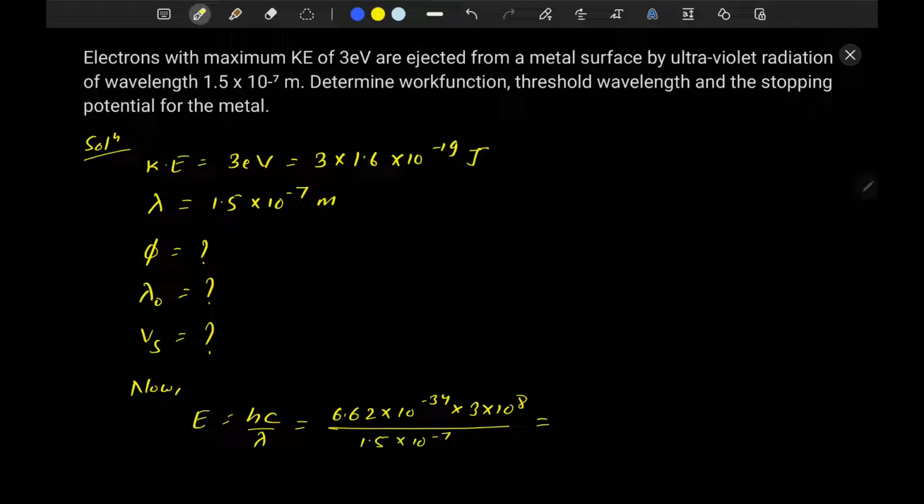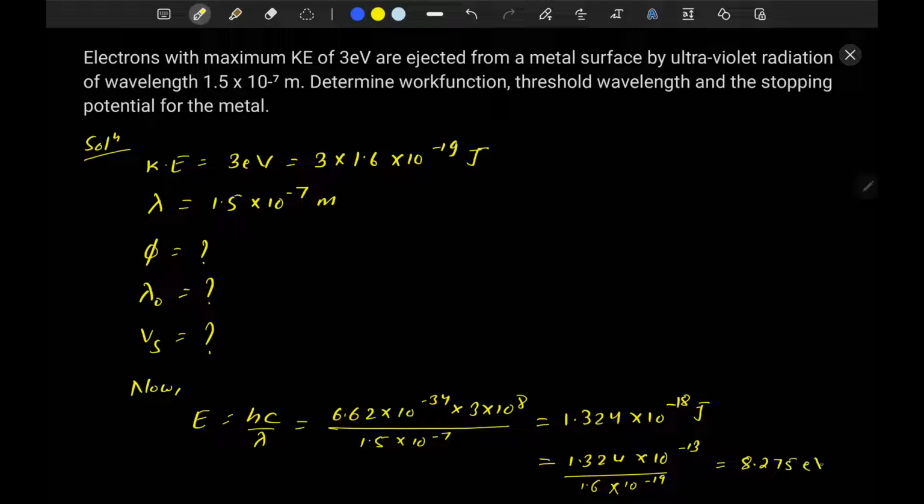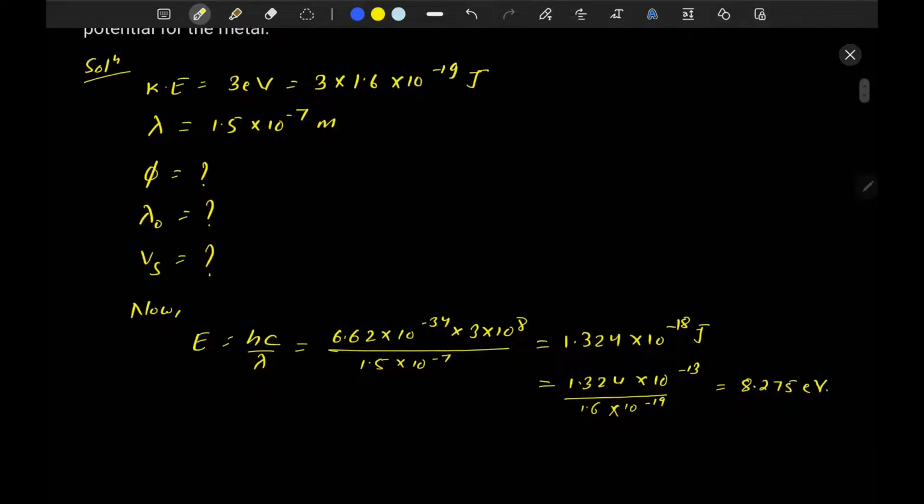This gives 1.324 into 10 power minus 18 joule, which is equal to 8.275 electron volt.